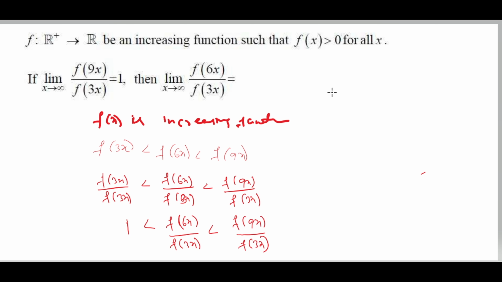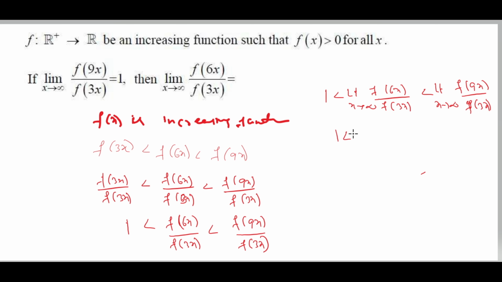Now we are applying the limit as x tends to infinity: 1 is less than the limit of f(6x) by f(3x), which is less than the limit of f(9x) by f(3x). This value, the limit of f(9x) by f(3x), is given as 1.